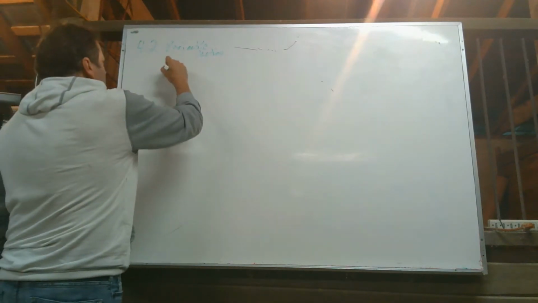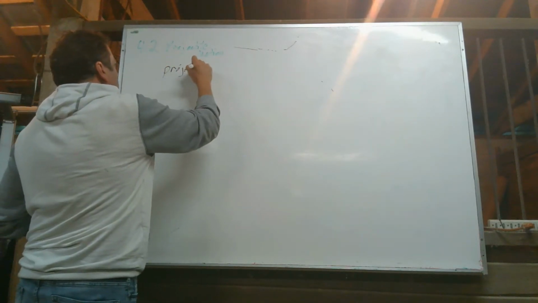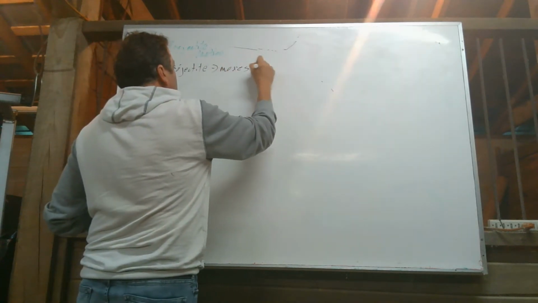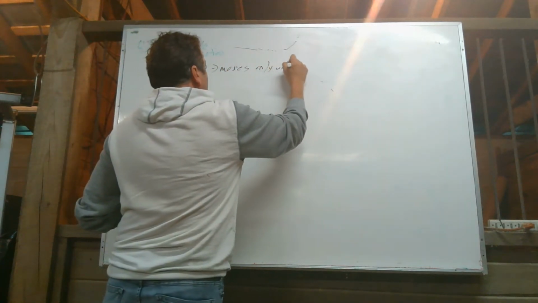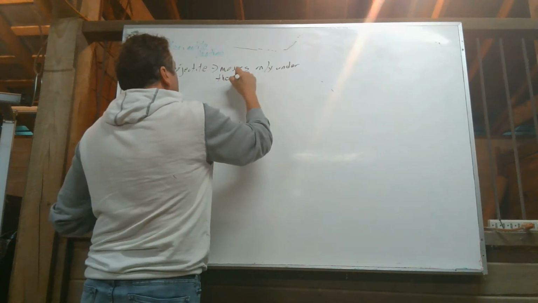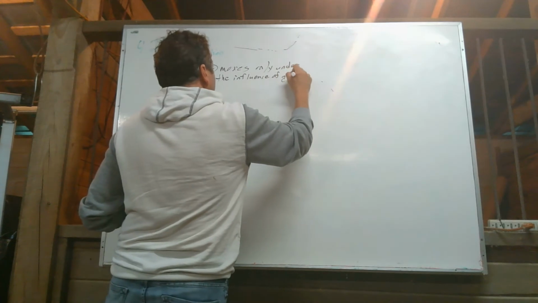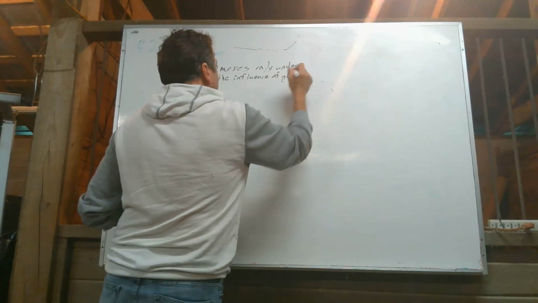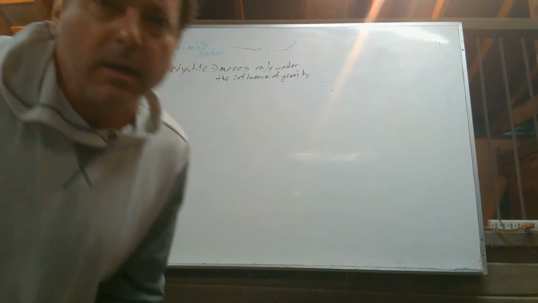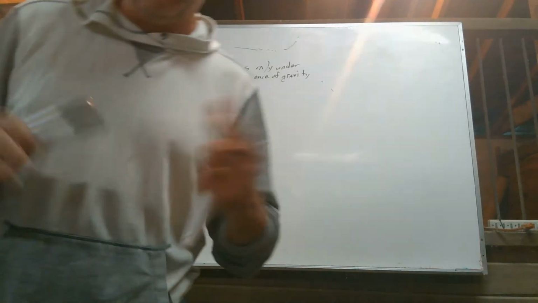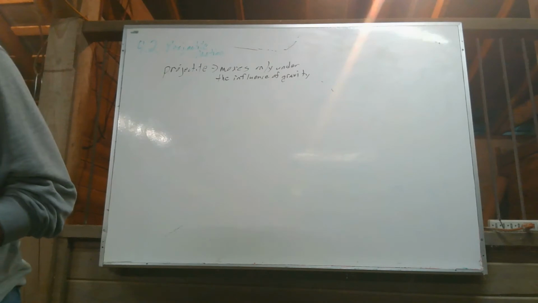Now projectiles move only under the influence of gravity. And I think you can see that. I'll try to write it a little bigger, getting this figured out as we go.